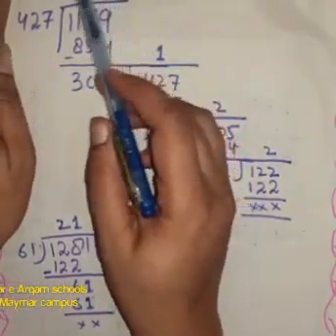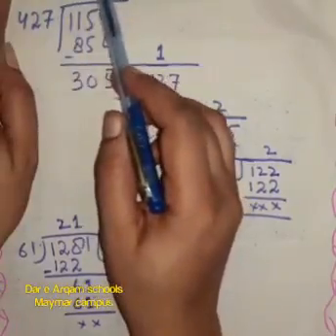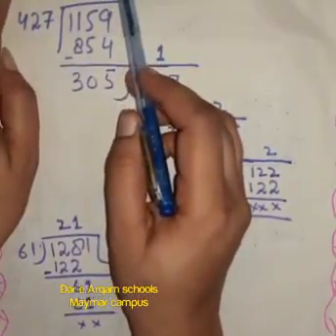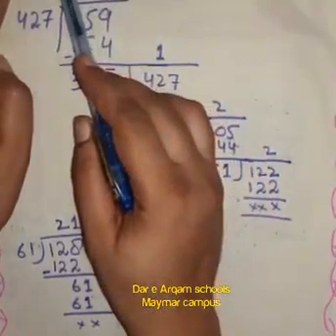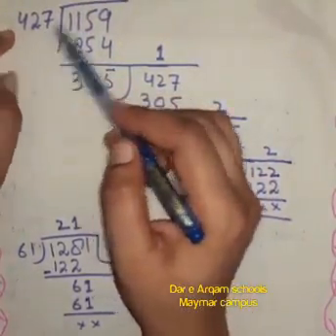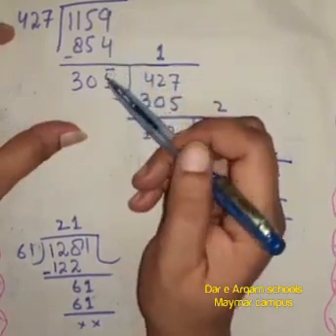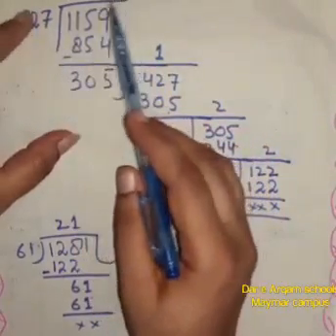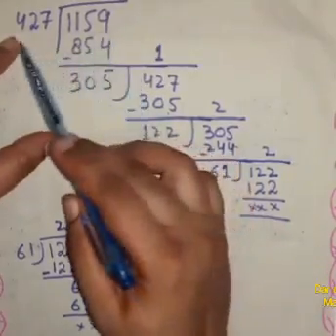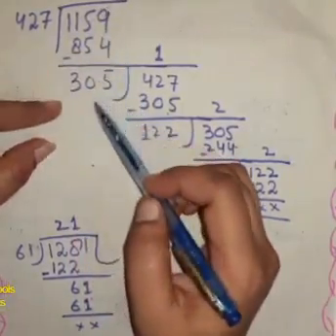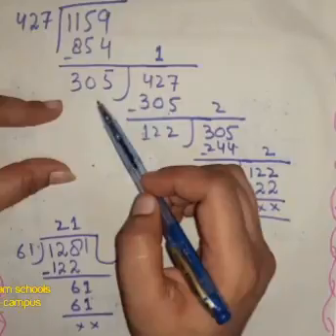So the smaller numbers, 427 and 1159, you will take first. You will take the greater number as dividend and 427 as divisor. Start dividing them.